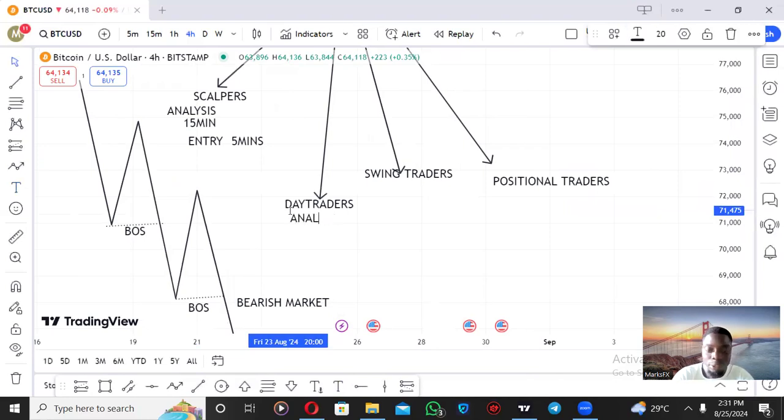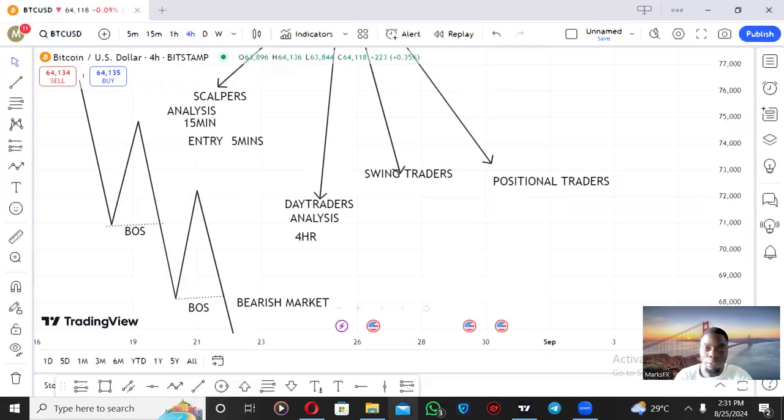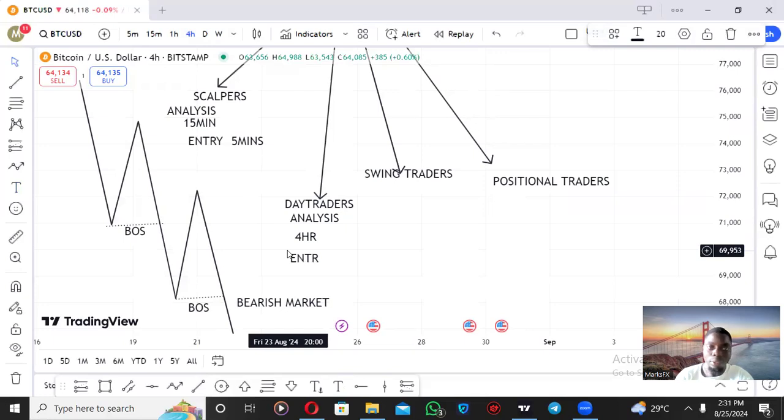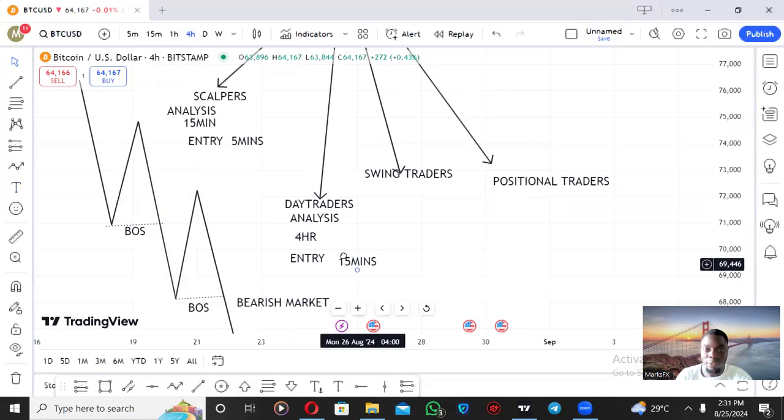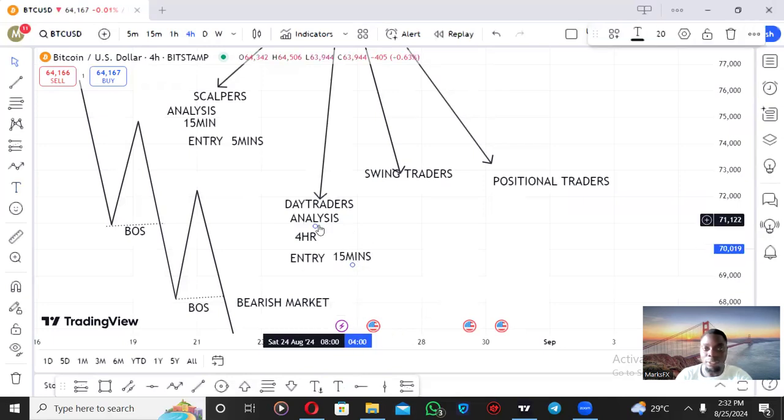They do the analysis on the 4-hour time frame. Then their entry will be sometimes on the 15 minutes or sometimes on the 5 minutes. So you can see how the time frame aligns. They enter on the 15 minutes, analyze on the 4-hour.